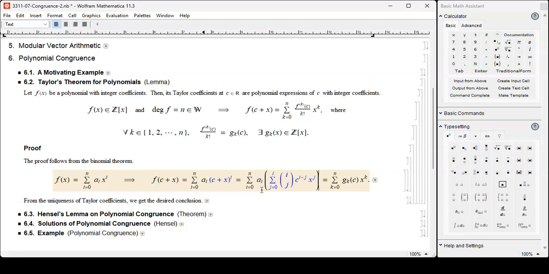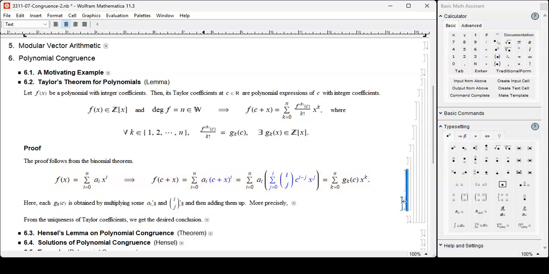A bunch of a_i, which are integers, and then i choose j, that too is an integer because i is greater than or equal to j, and c to the i minus j power, we have c to a whole number power. So if you multiply appropriately and add those up, depending upon x to the k power, you have a polynomial expression of c with integer coefficient.